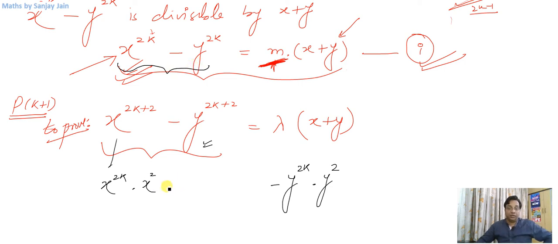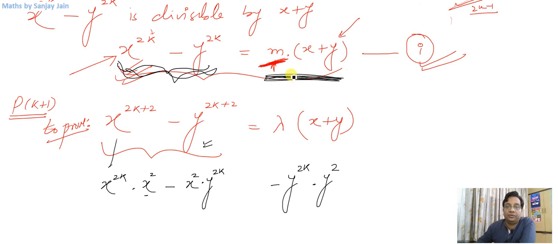So if I subtract, let us say, x squared into y raised to power 2k, now see, I'll take x square outside and I'll have x raised to power 2k minus y raised to power 2k, for which I know the value.